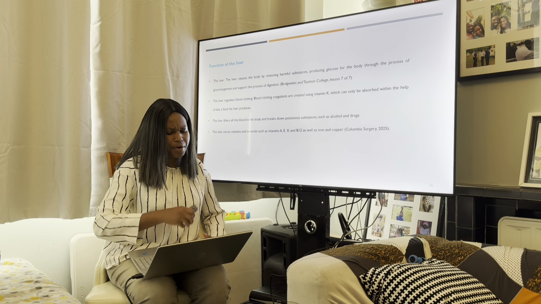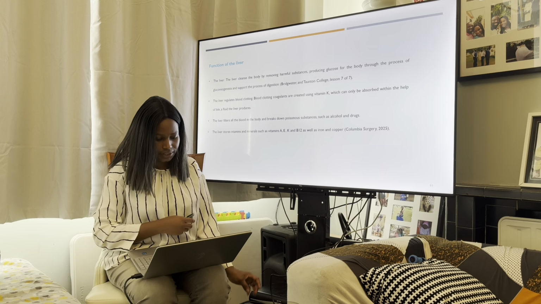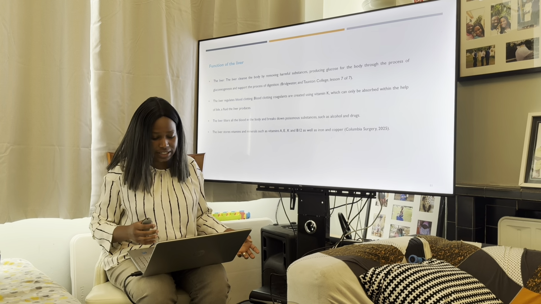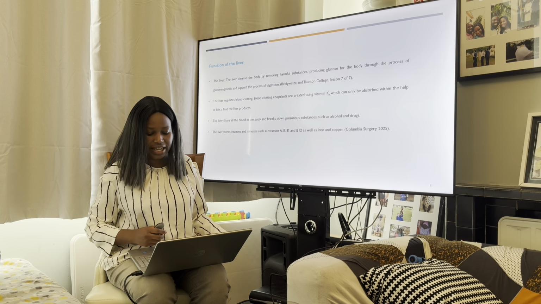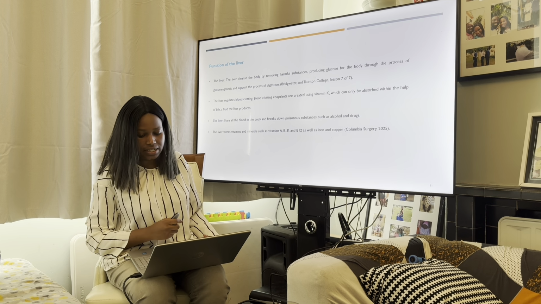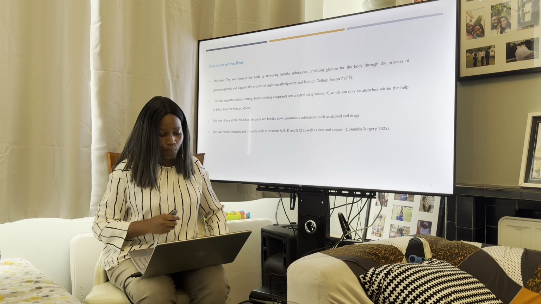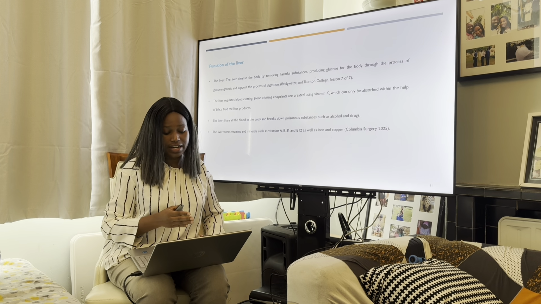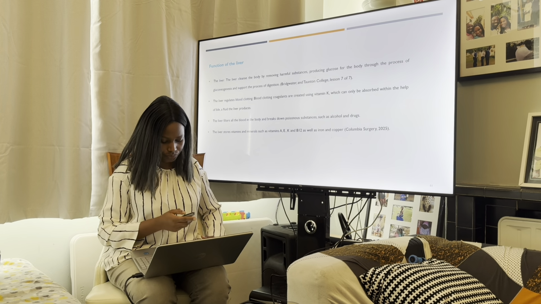So the liver regulates blood clotting. Blood clotting coagulants are created using vitamin K, which can only be absorbed with the help of bile, a fluid the liver produces.